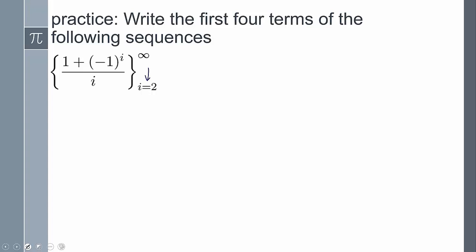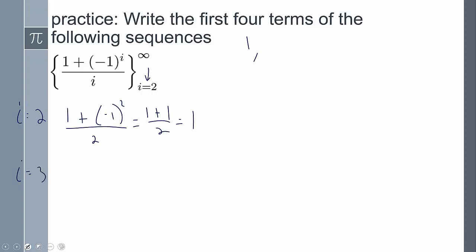So again, we just start plugging them in. Where i equals 2, we have 1 plus negative 1 squared all over 2. Negative 1 squared is positive 1, so that's 2 over 2, which is 1. So the first value is 1.